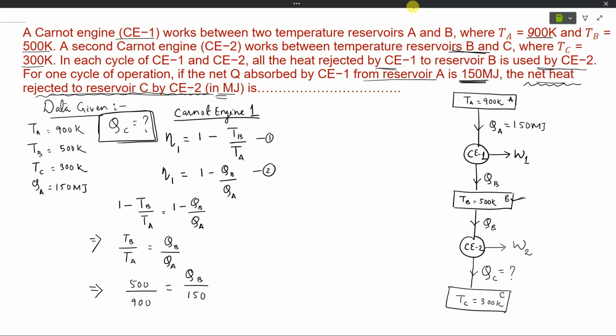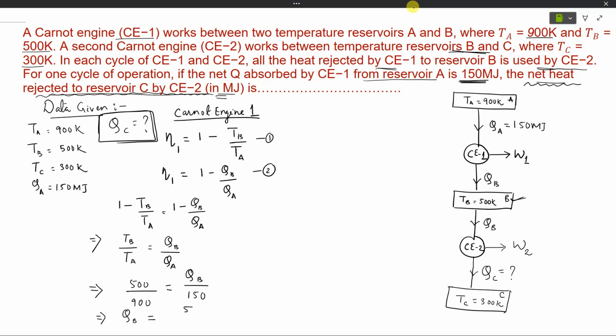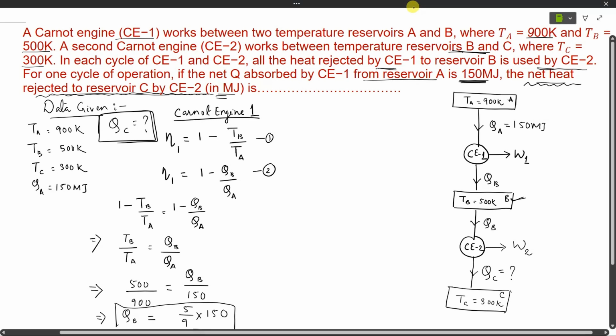So it means QB can be written as 5 by 9 into 150. Now we just keep this expression of QB as it is, and definitely the unit of QB is megajoule.